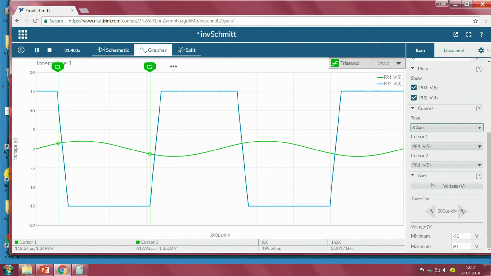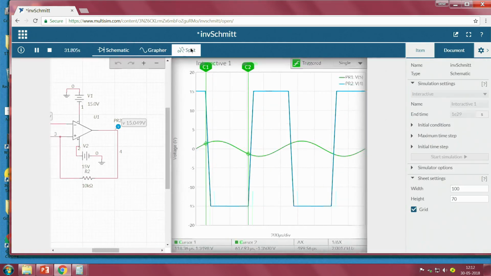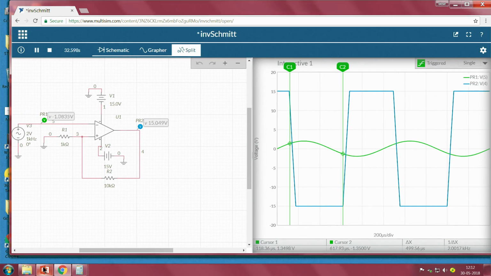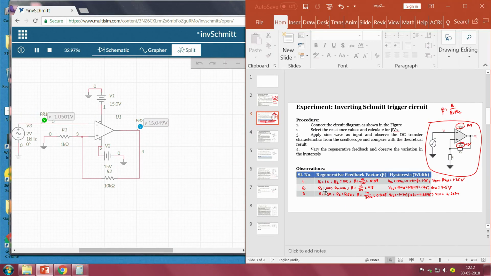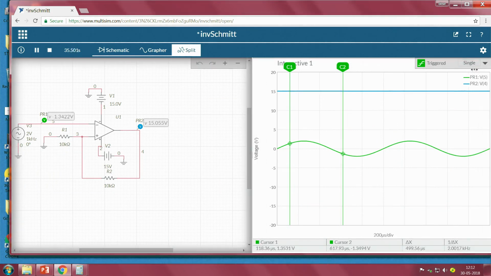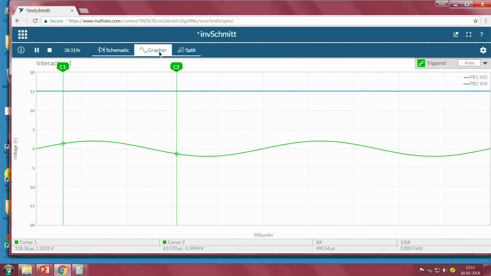Now, we will also see another set of resistance values, 10K and 10K. So, I will change the resistance value to be 10K now. What is happening here? When we look into the grapher, I can only see plus 15.